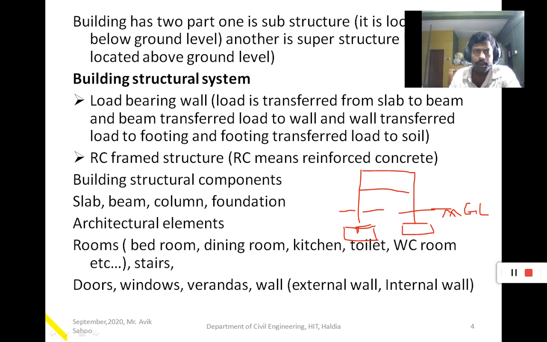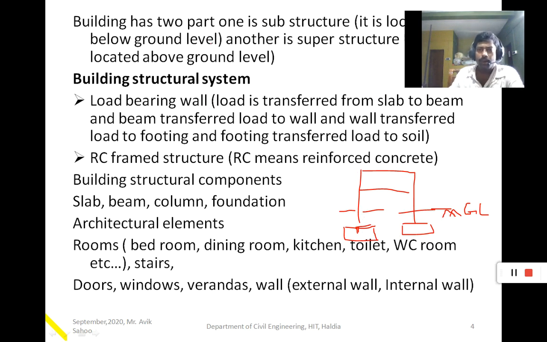In the substructure, what portion comes is the foundation, because the building rests over the foundation, so the load is transferred through the foundation to the soil.